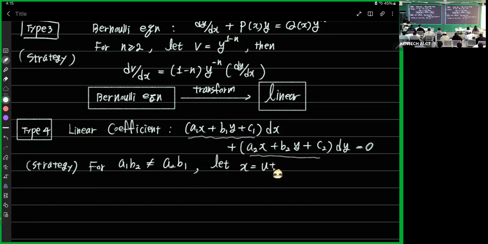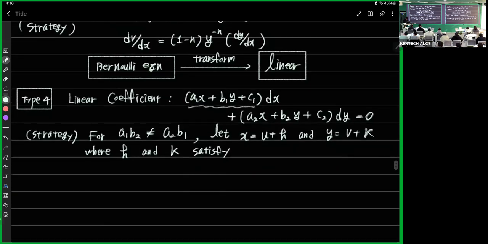Let x equal u plus h, and y equal v plus k, where h and k satisfy A1 h plus B1 k plus C1 equals 0, and A2 h plus B2 k plus C2 equals 0.